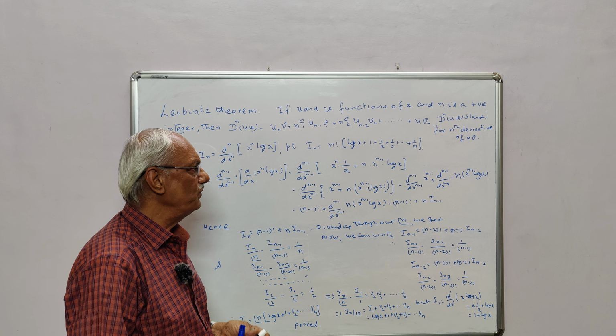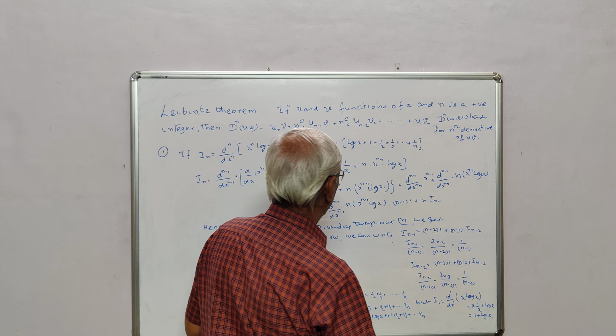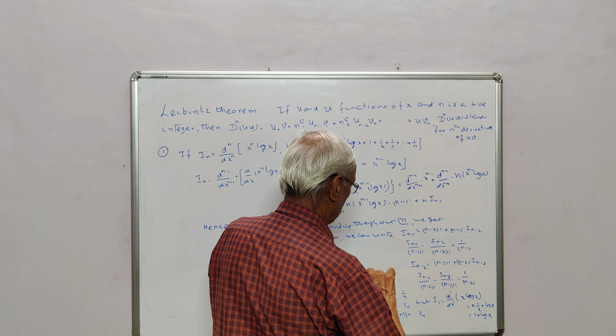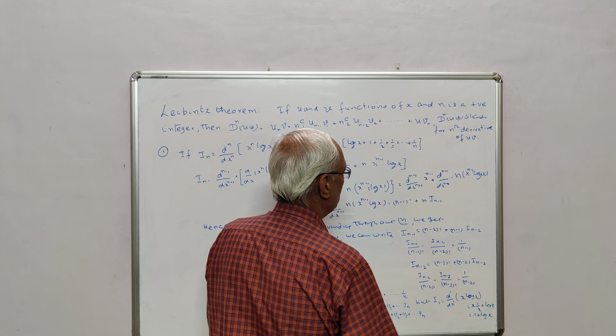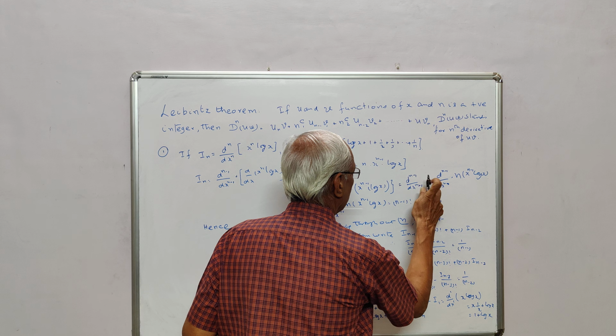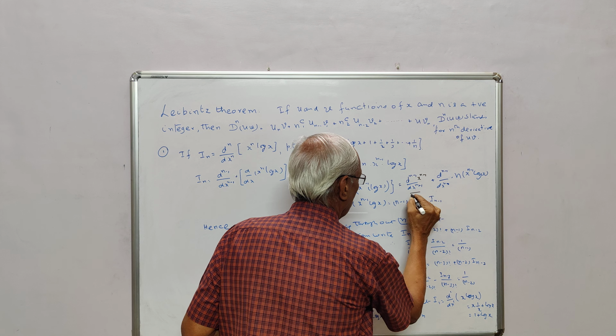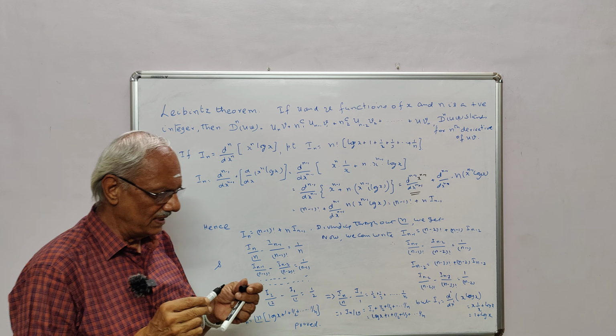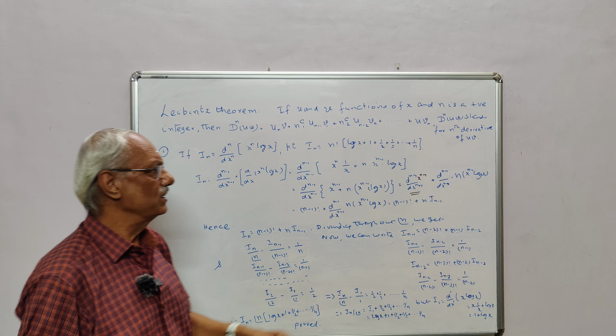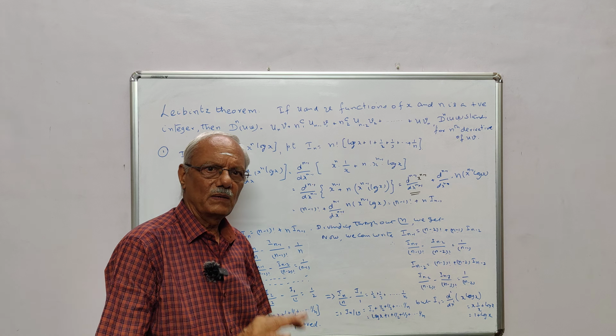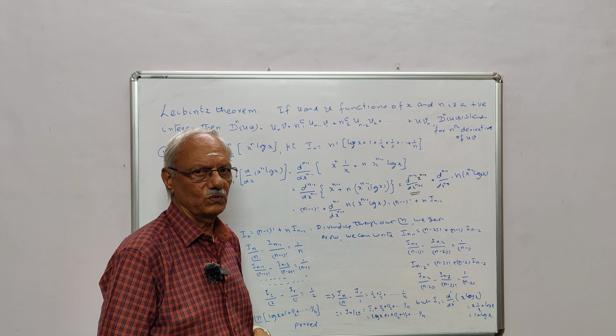Now if you are going to differentiate this, it is like this. If you differentiate x to the power of n minus 1, what will happen next? n minus 1 into x to the power of n minus 2.